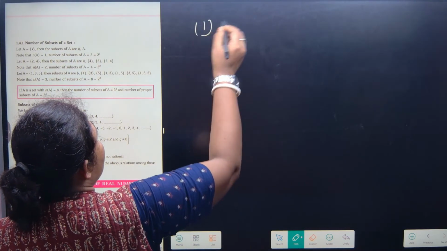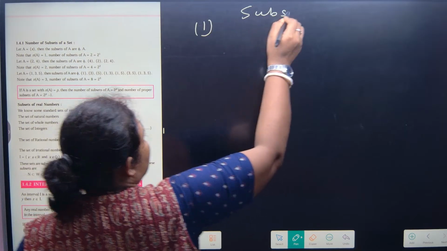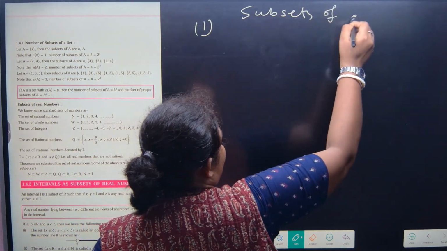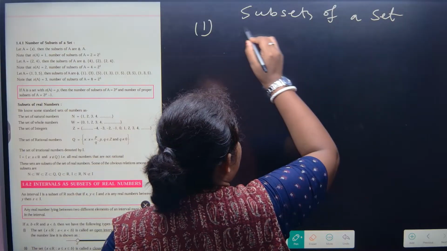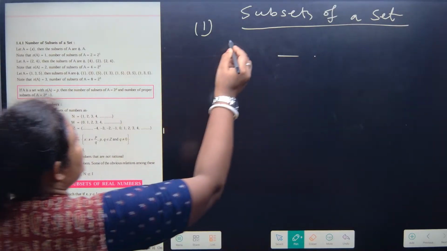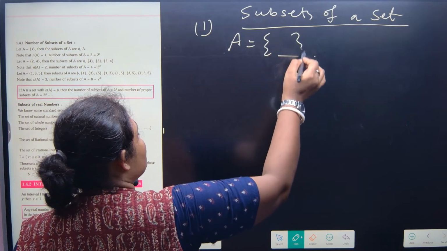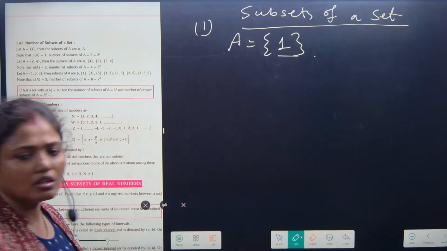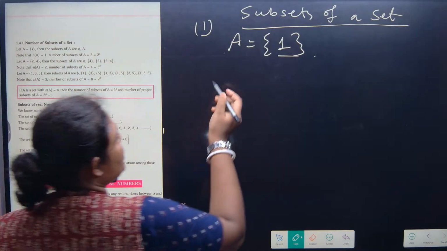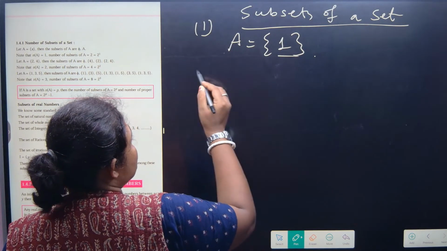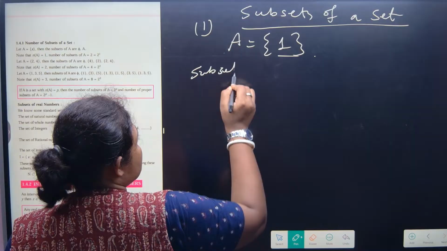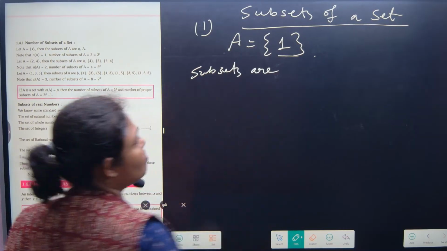So if we consider subsets of a set, if we consider a set with one element, let us consider 1 as an element. Okay, so what are the subsets?